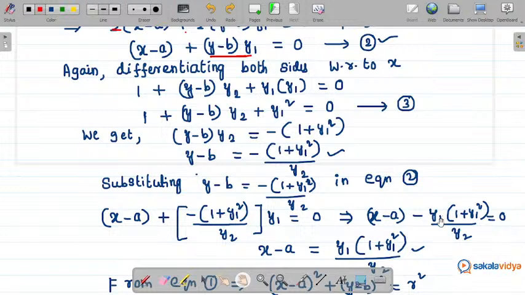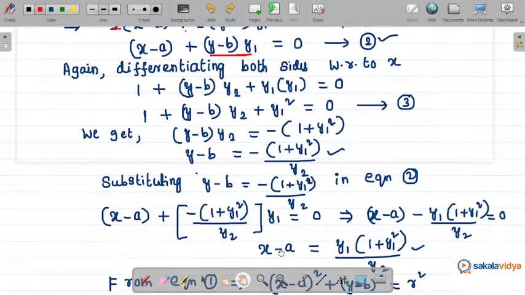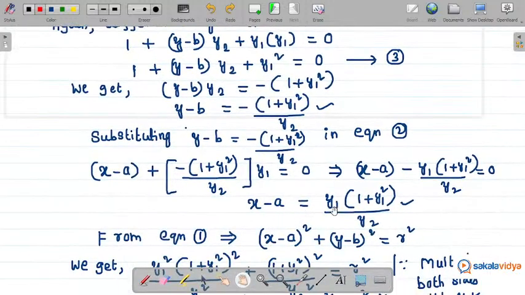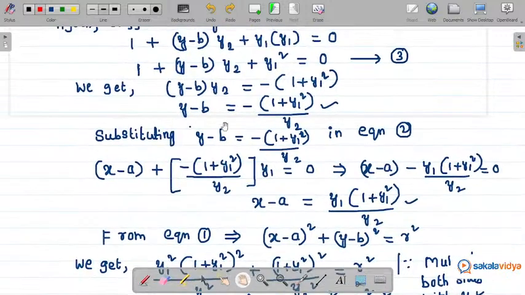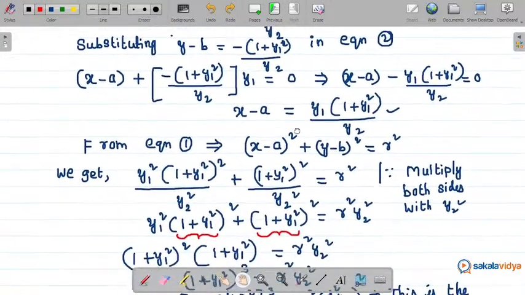From this we can find the value of (x minus a). If we transpose minus y1 into (1 plus y1 square) by y2 to the right hand side, we get (x minus a) is equal to y1 into (1 plus y1 square) by y2.